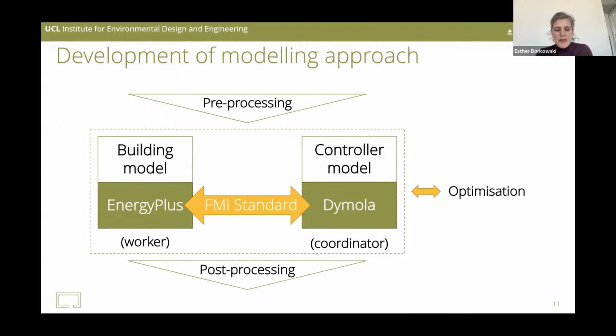This integrated model was then wrapped with an optimizer to understand controller parameters and to indirectly select control strategies for the building envelope. To automate and manage the entire workflow, I used Python, and I also used Python to incorporate the optimizer and a coupling function to communicate between the optimizer and the co-simulation model.